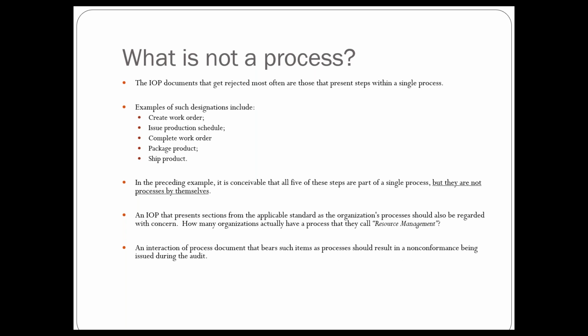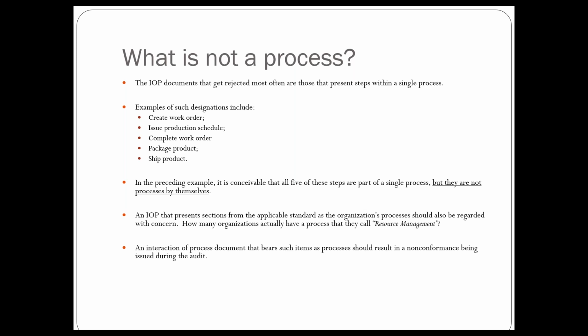In terms of what is not a process, the IOP documents that are going to get rejected the most and are going to potentially lead to nonconformances in an audit, typically these are going to be the IOPs that present steps within a single process.